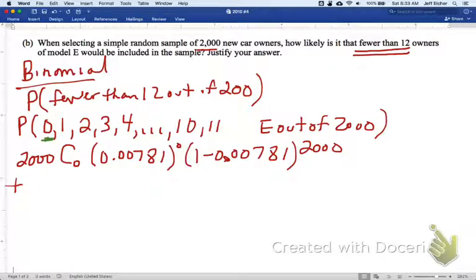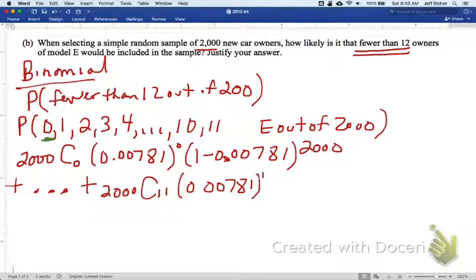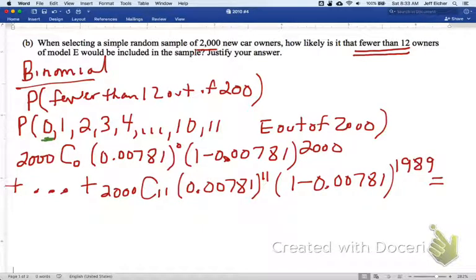We have to do this 11 more times, which would be a lot to do, so maybe I'll just do plus dot dot dot. The last one you'd have to do is 2,000 choose 11 times 0.00781 to the 11 times 1 minus 0.00781 to the 1989, and that would be our answer.